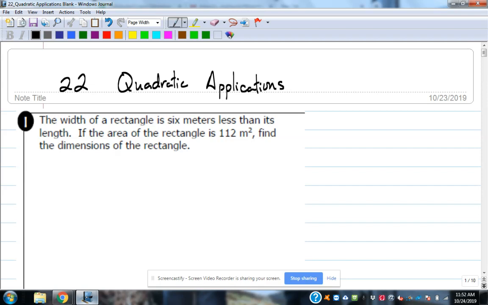So in the context of word problems, we need to make sure we address some things. When we find answers, we need to have the answer to the question that's asked in the word problem. Here they're asking for the dimensions. What does it mean by the dimensions? The length and the width.